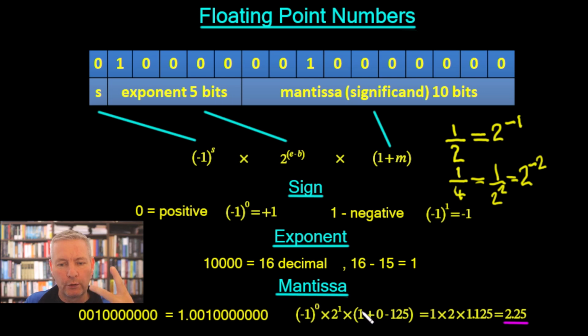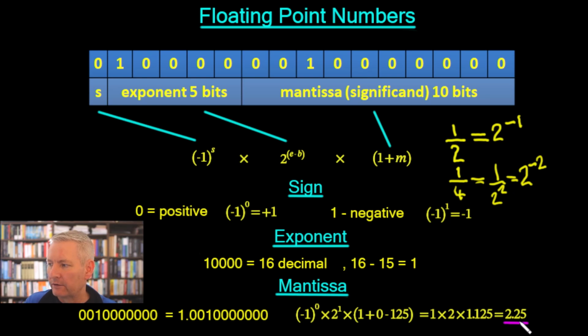We're going to add on the hidden bit, so that gives us the number 1.125. Then we multiply that by 2 to the power of 1, which is just 2, and we multiply this by 1, which is the positive sign. This gives us the number 2.25. It's really quite straightforward.